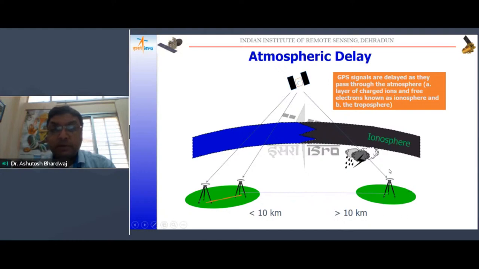At one place it may be sunny, at another place it may be raining, or there may be snowfall. So atmospheric errors will be different. So we may need certain software like Gamit or Skipro, which are scientific software for resolving such baselines for higher accuracy. If they are in similar conditions like this, we can possibly resolve our position with the software we are getting from our commercial vendors.